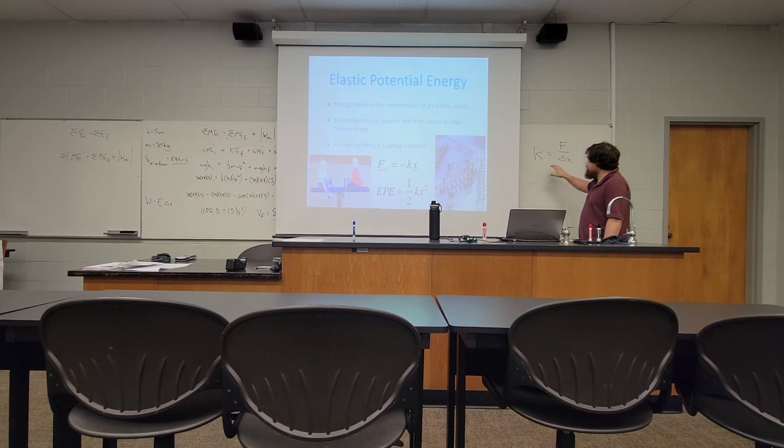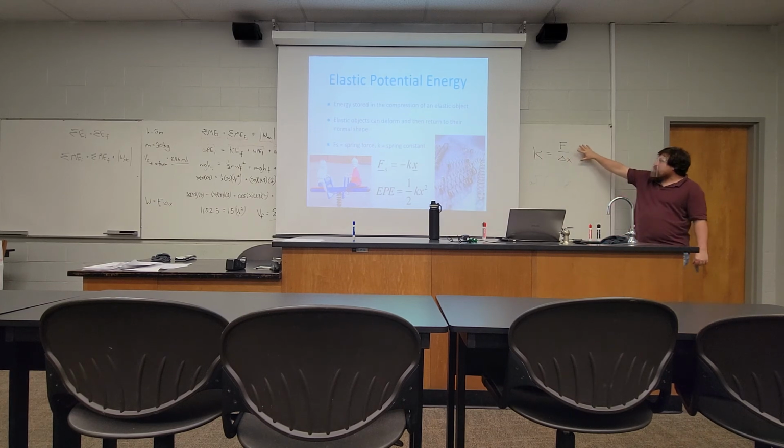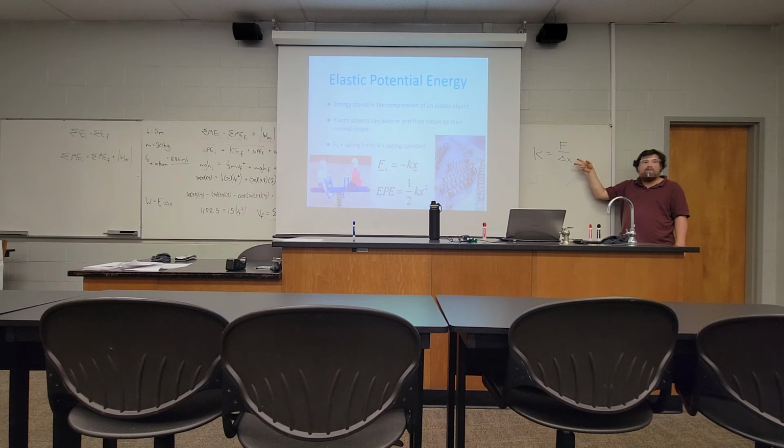What spring constant is, it is a measurement of how much force it takes to make something stretch by a certain amount. Say, for example, I was trying to find the spring constant of this spring, and I exert 1 Newton of force on it to make it 1 meter longer. 1 Newton over 1 meter would be a spring constant of 1 Newton per meter.